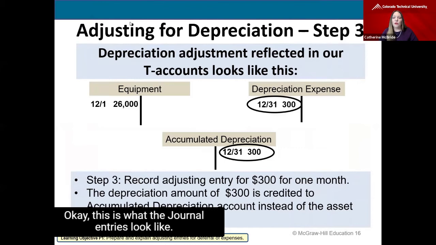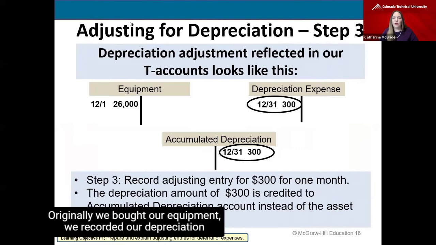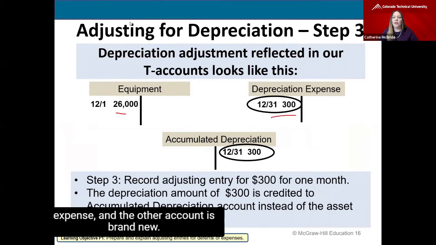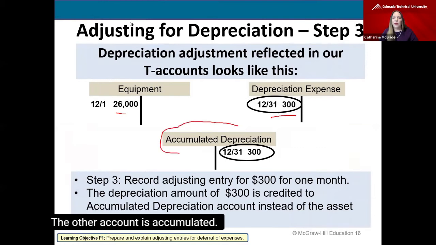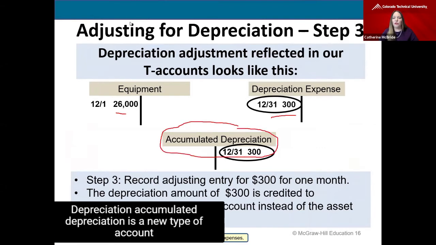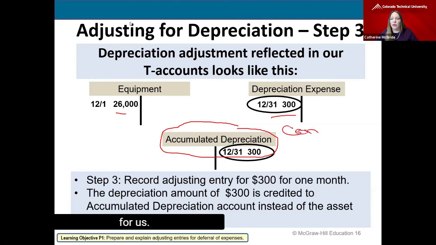Okay, this is what the journal entries look like. Originally, we bought our equipment. We've recorded our depreciation expense, and the other account is brand new. The other account is accumulated depreciation. Accumulated depreciation is a new type of account for us. It's called a contra asset.